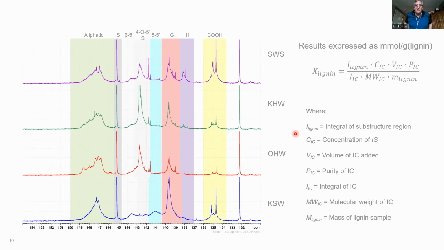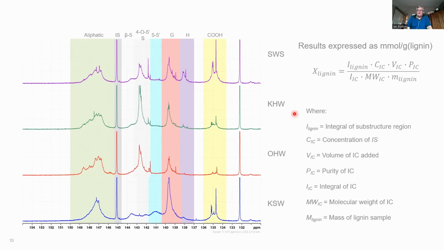Several labs got involved, and FP Innovations supplied us with four what are known as standard lignins. These are lignins that they've isolated in the lab using various processes like the Kraft process, Organosolv, and the soda method for extracting lignins. The different methods modify the lignin structures, and there are different sources.